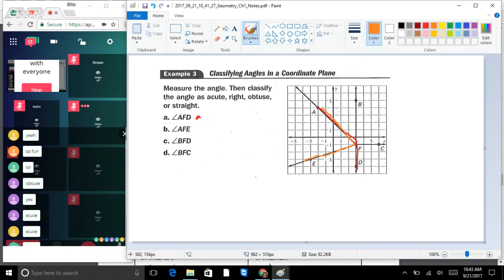Okay. What about BFD? BFD, we're going to be doing blue. You guys are really on it. Yes, that is a straight angle. All right. And then what do you think BFC is going to be? BFC is right here. It is our right angle. That's really all you have to do for that. Pretty easy peasy, right?